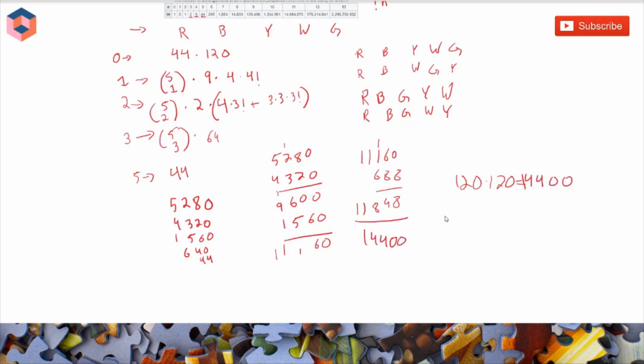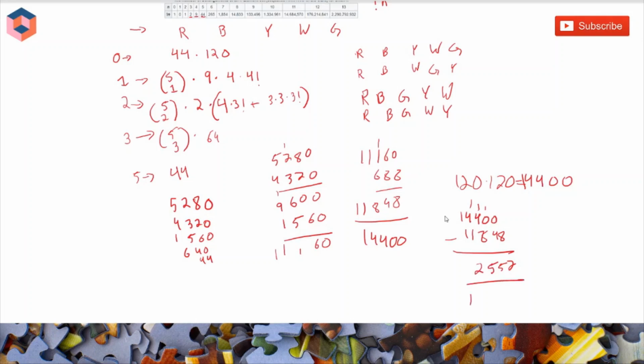But remember, we have to subtract this from 1. So what we do is 14,400 minus 11,848 over 14,400. So that would be 10 minus 8, which gives us 2, 10 minus 5, which gives us 5, 14 minus 9, which gives us 5 again, and 14 minus 12, which gives us 2.